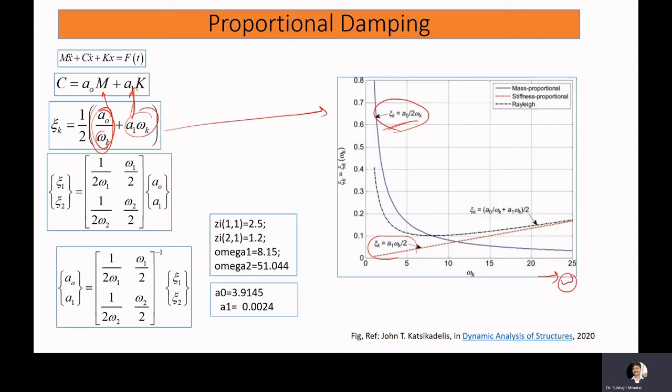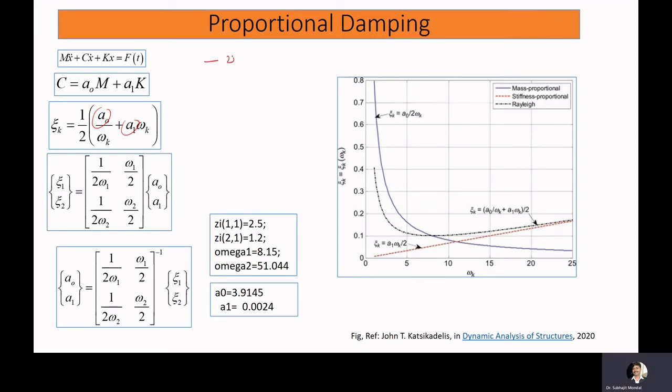But for this case, what we are going to do is consider the C matrix as the linear combination of A0M plus A1K. Now our job is to find how we can identify A0 and A1. Now you just see there are two unknowns, A0 and A1.